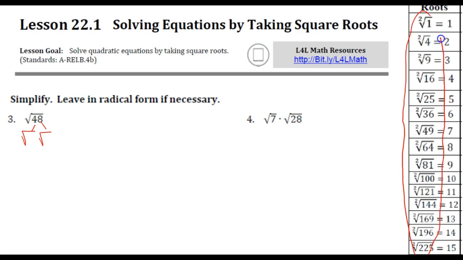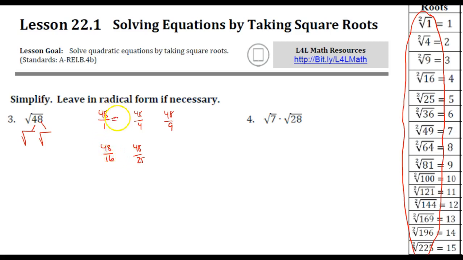So I don't know which one's going to work, so I'm going to divide 48 by 1, 48 by 4, 48 by 9, 48 by 16, and 48 by maybe 25 and see if that works. I'm not going to go all the way because I want this number to be a little bit smaller. Pause right here, divide each one out, and see which ones give you a whole number and the highest whole number you can find.